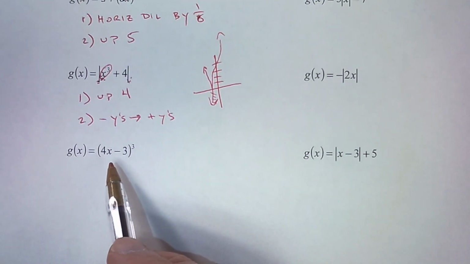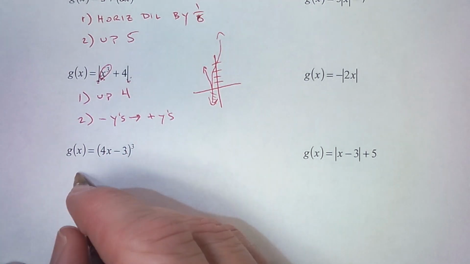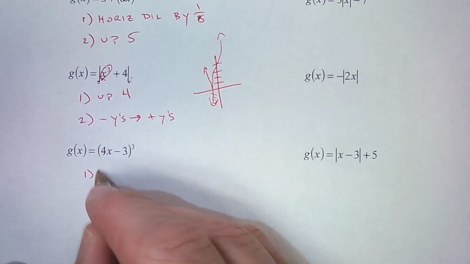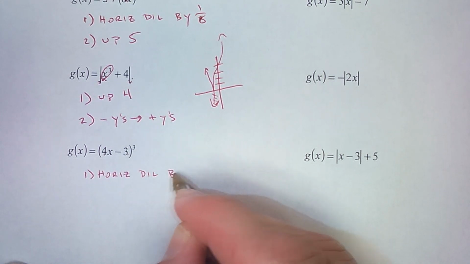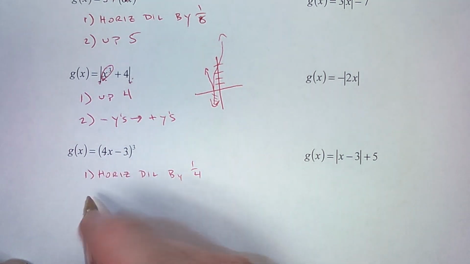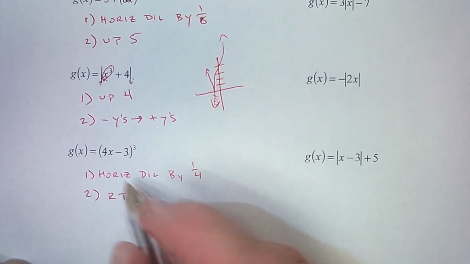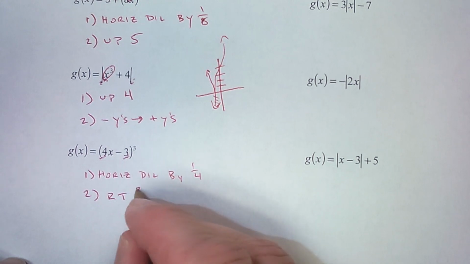And our last one here, we have two things both inside the function, so they are both horizontal. First we multiply, so there's a horizontal dilation by 1/4. Okay, then we have this -3, so that minus means it goes right, but it doesn't go right 3, it goes right 3/4.